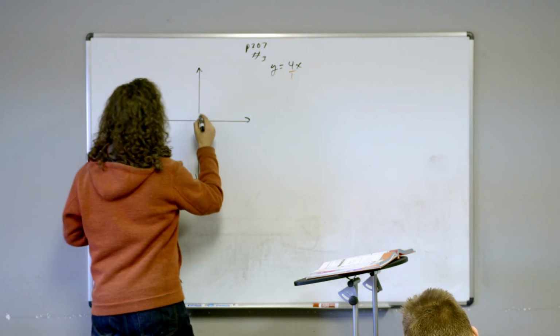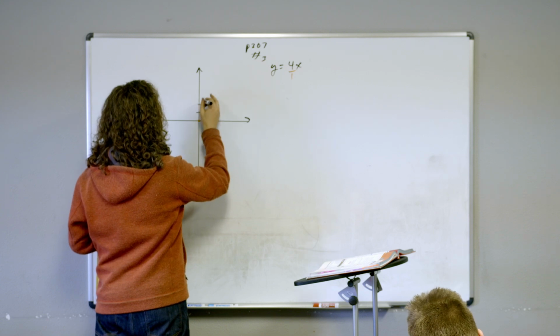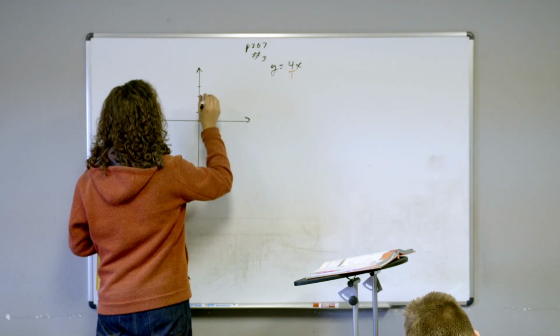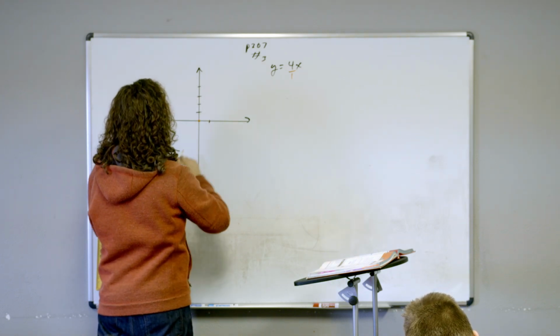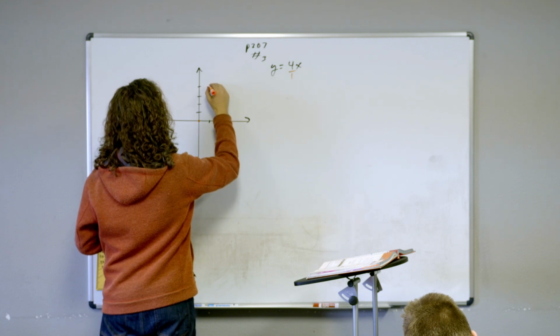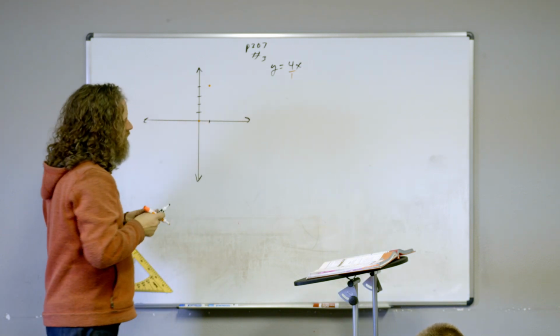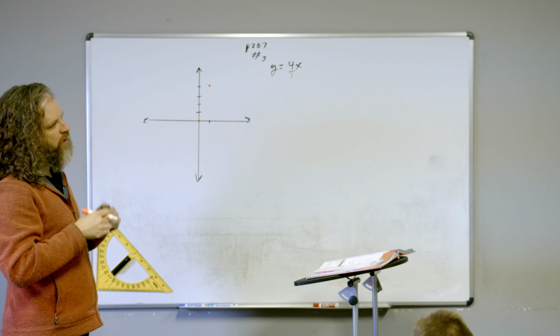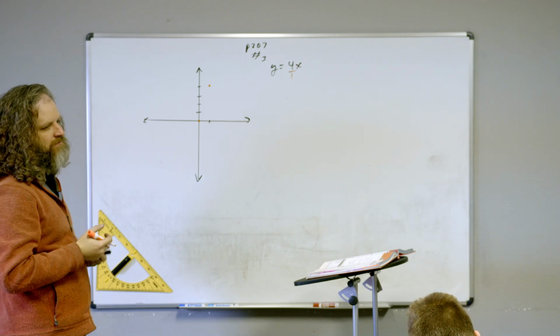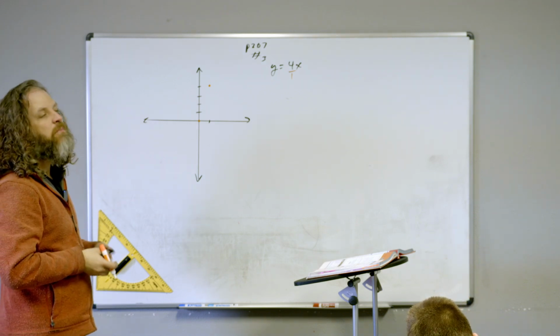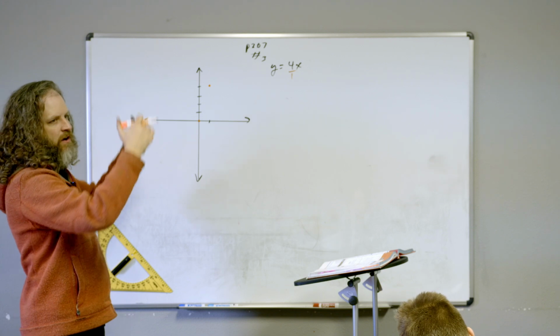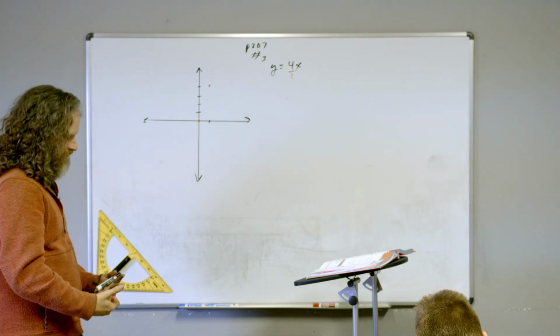So up 1, 2, 3, 4 over 1. And then there it is. How do we know whether to go up or down first? Positive or negative. If it's positive, we go up first. If it's negative, we go down first.